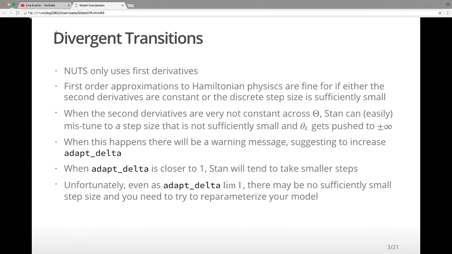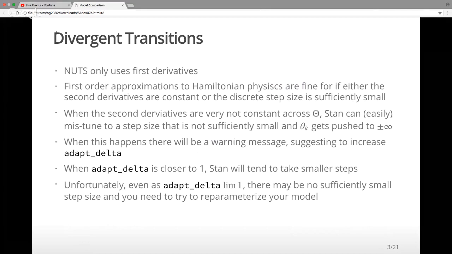It doesn't necessarily mean there's anything wrong with your posterior distribution, but it means STAN is having difficulty drawing from that posterior distribution. And when this occurs, there'll be a warning about there being some number of divergent transitions, and it will suggest to increase the value of adapt delta.